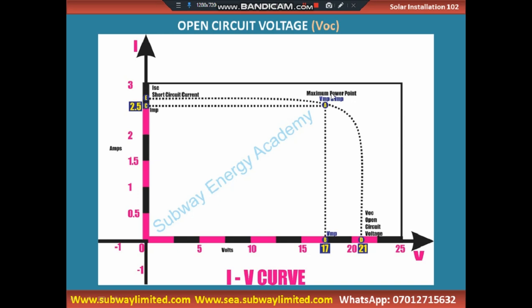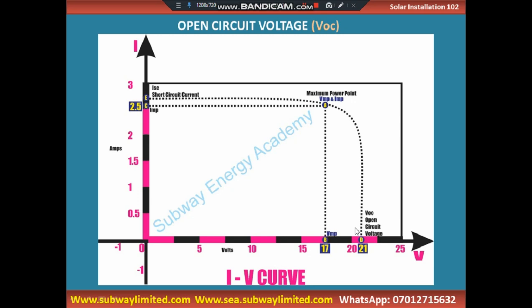We talked about maximum power, that your maximum power is gotten when your solar panel is under a load. But in this case, your open circuit voltage is the voltage that you will have when your solar panel is not connected to any load.